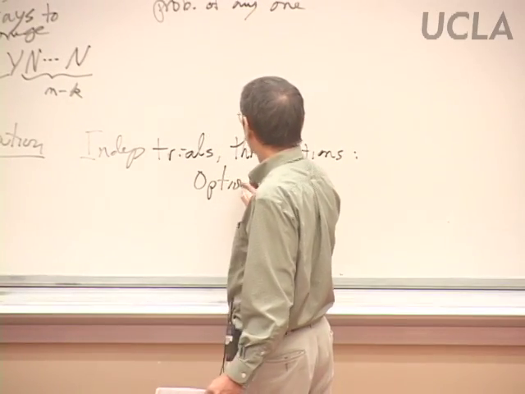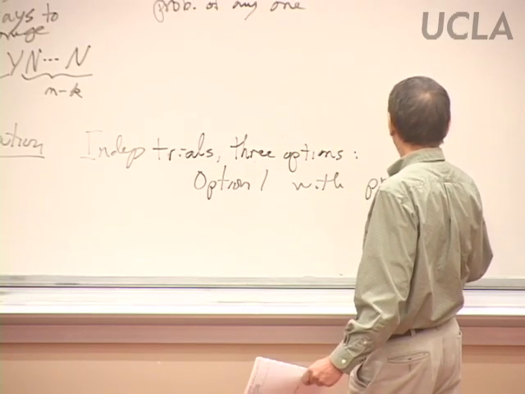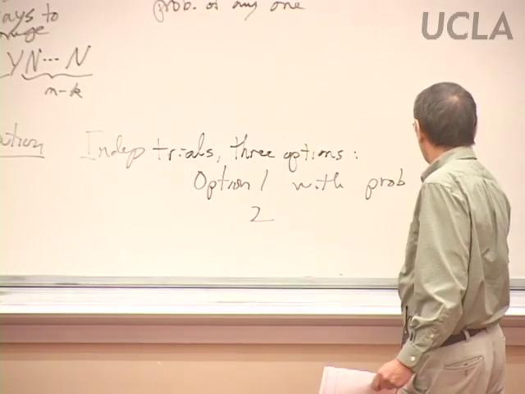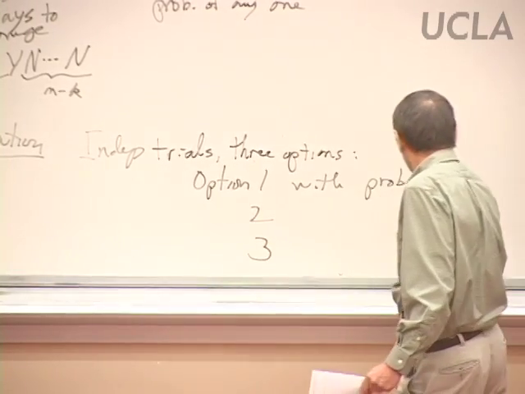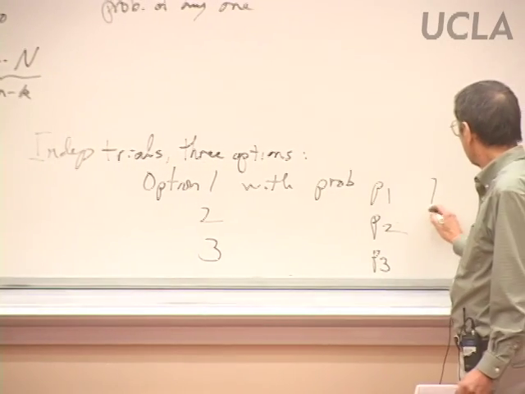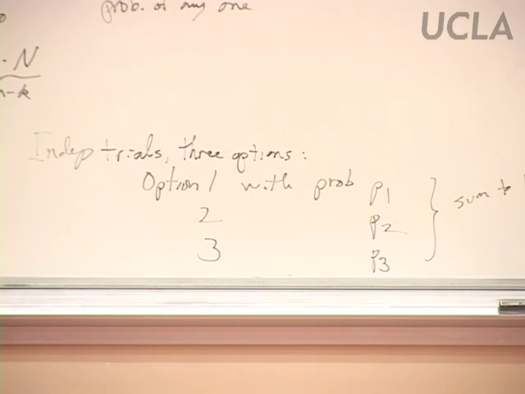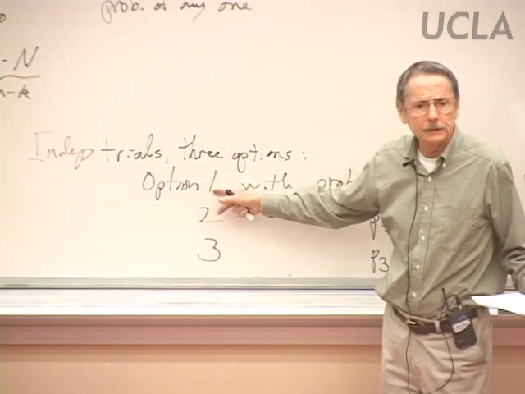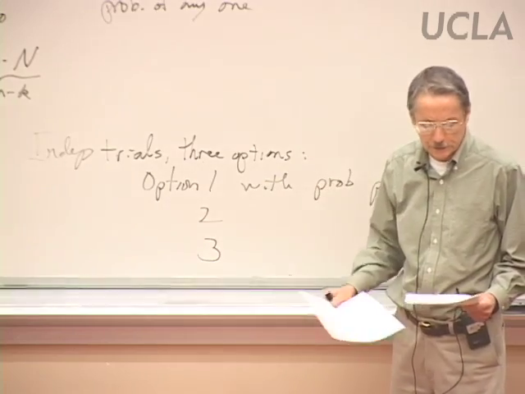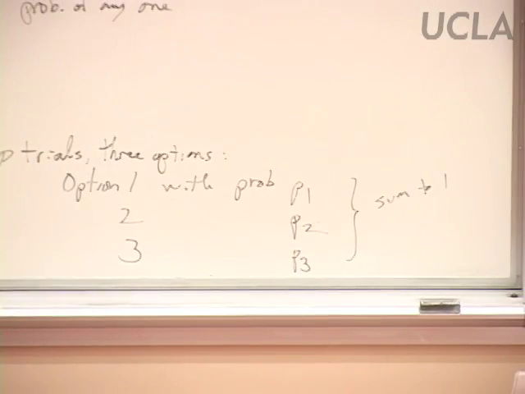So say option 1 happens with probability p1. Option 2, option 3. And these have to add up to 1. And we might want to count the number of trials that come up heads and the number that come up tails and the number that stands on edge.